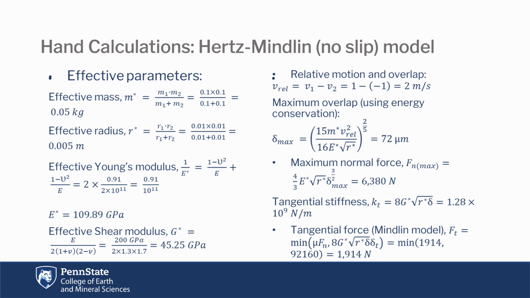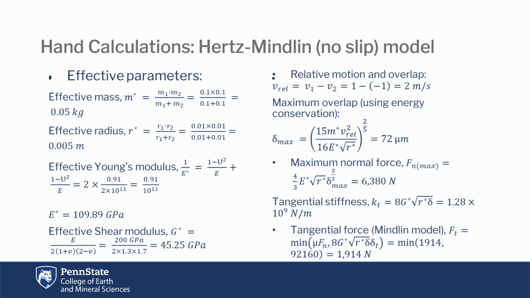Finally we calculated the tangential force, which is the smaller value between the regular frictional force, the coefficient of static or dynamic friction times the normal force, and the value from multiplying the tangential stiffness by the tangential overlap.